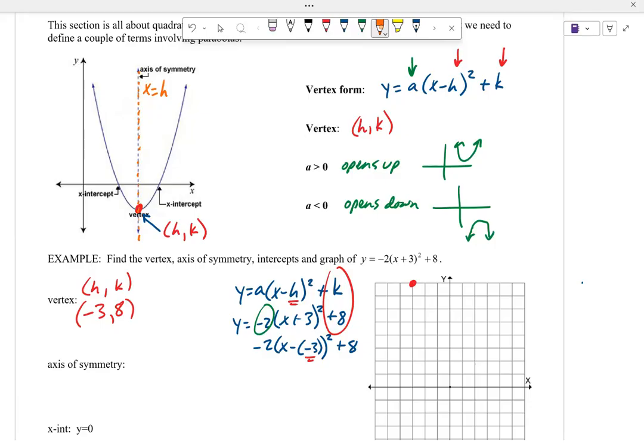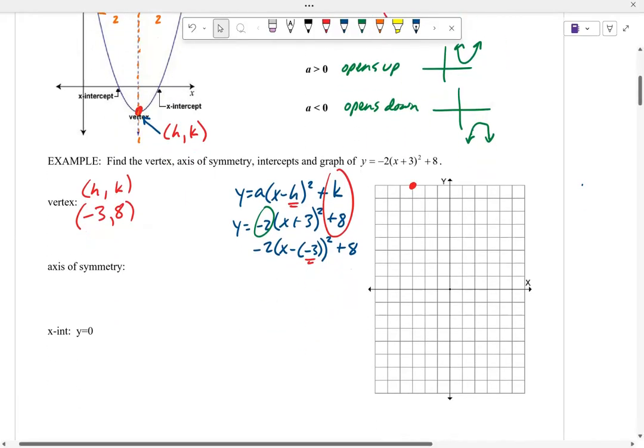In other words, if I have this point, it's a distance of 2 this way, at the same height, it'll also be a distance of 2 away on that side. It's symmetrical about that line.